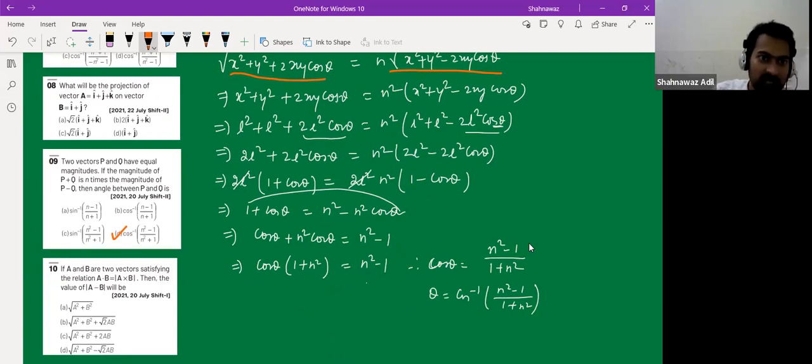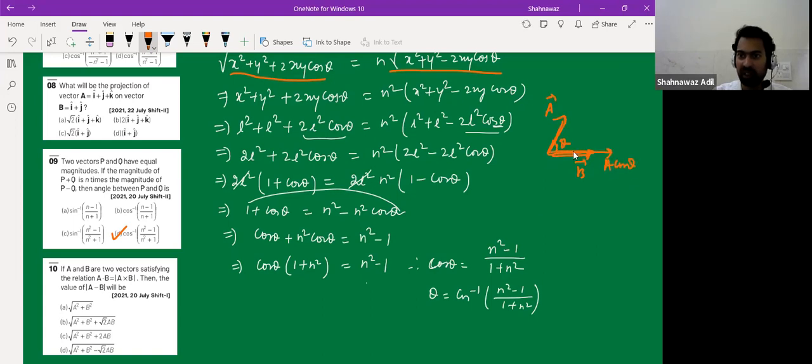So the eighth question is easy, right? The projection of vectors. What is the projection of vectors? So let's say this is some vector A, and this is theta, and this is vector B. So the projection of this vector on this. When we take the cos component, this would be here, right?